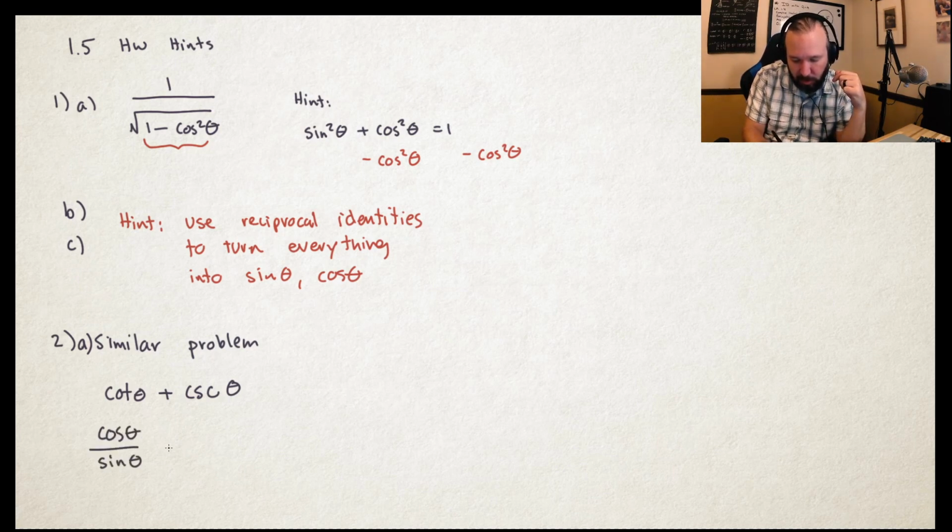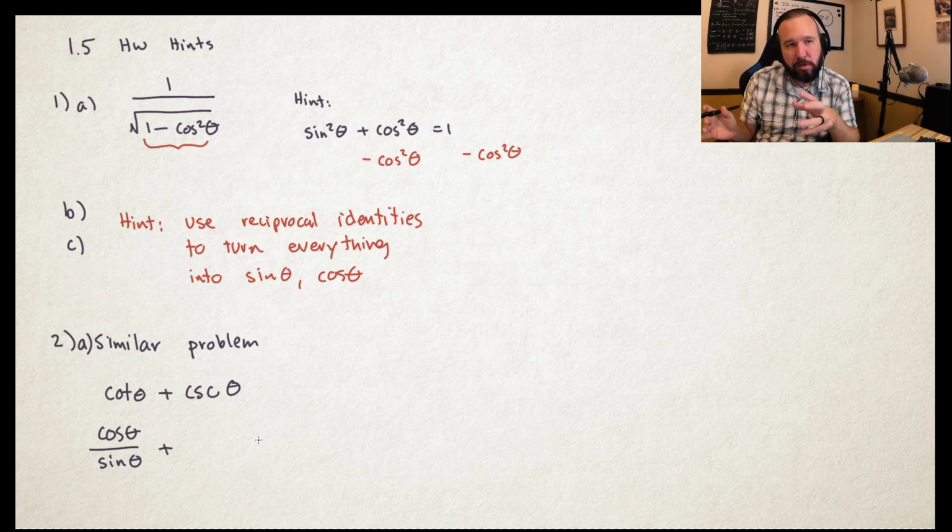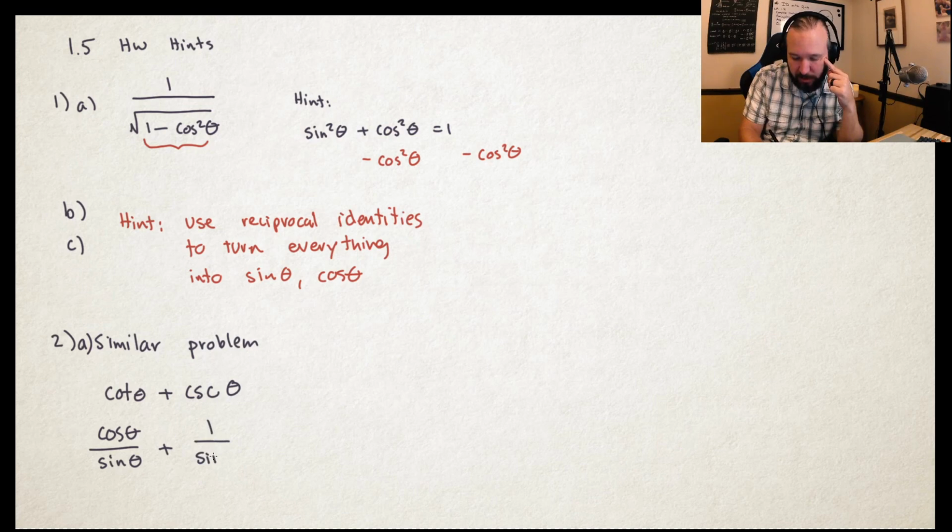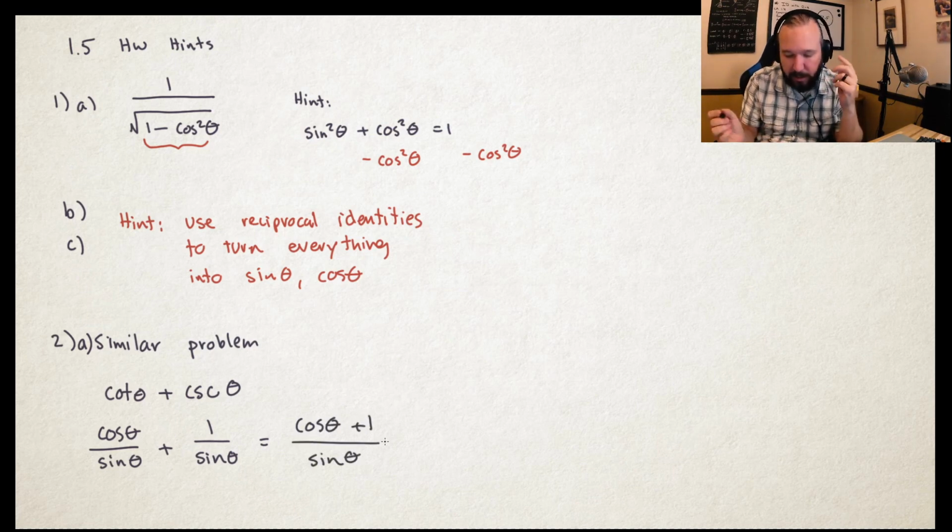Just as a general strategy, I always try to turn things back into just sines and cosines. And then cosecant is 1 over sine theta. So that means that this thing can simplify. Now that these things have a common denominator, I can make this cosine theta plus 1 all over sine theta. And I don't think it can simplify further than that.